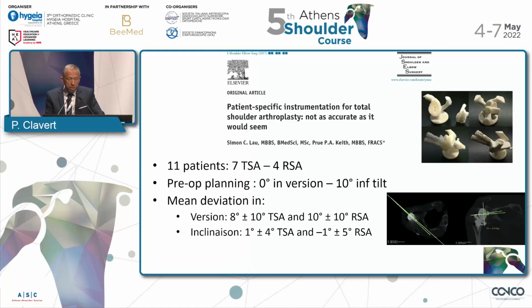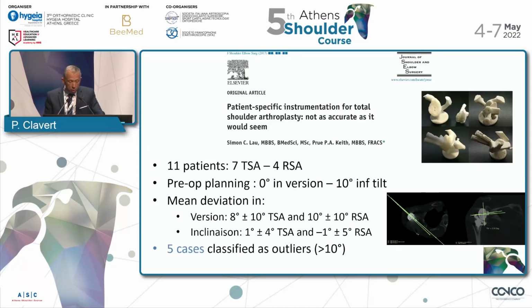The mean deviation was 8 degrees for the total shoulder and 10 degrees for the reverse shoulder arthroplasty. The data of the deviation is quite high, because it's 10 degrees in both groups for the version, and the inclination was 1 degree of variation, plus or minus 4 degrees for the total shoulder, and 1 degree plus or minus 5 degrees for the reversed.